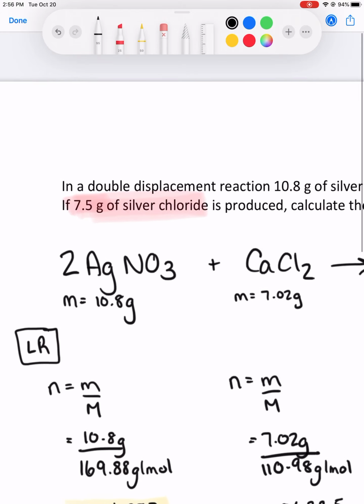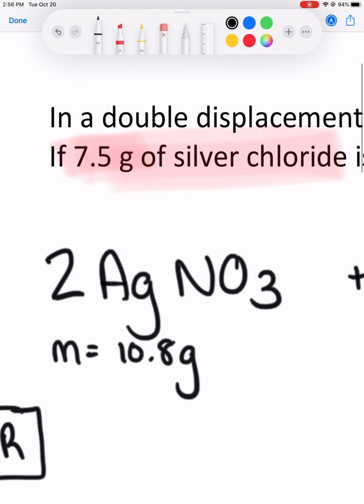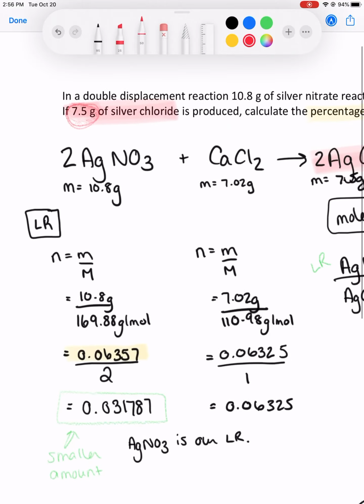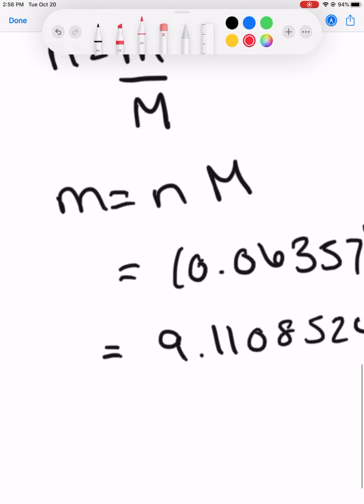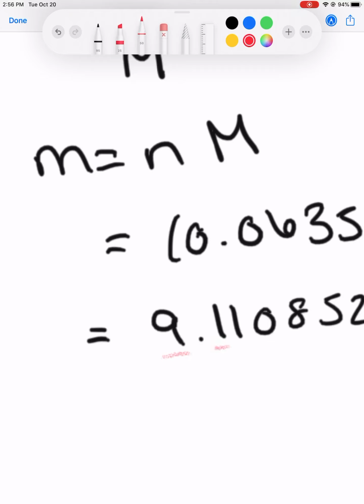Like we said, from our question, the smallest number we got was 7.5. That means we're going to use 2 sig figs. Okay, go down here, 1, 2. The 1 keeps the 1 the same.